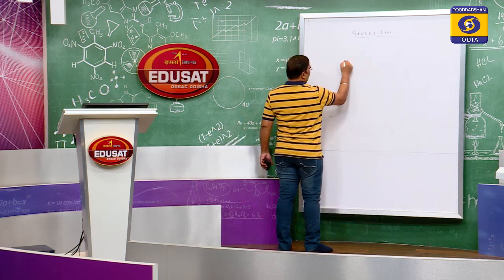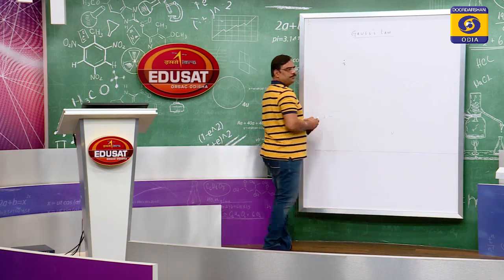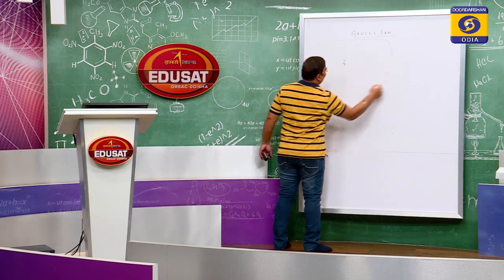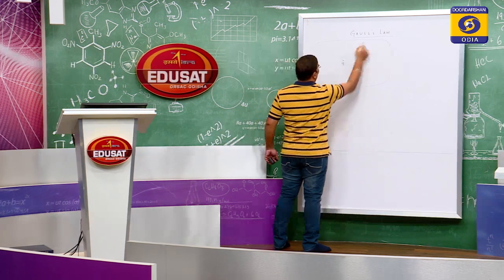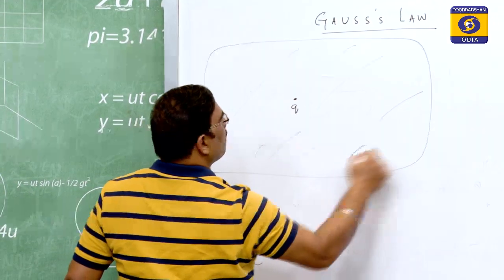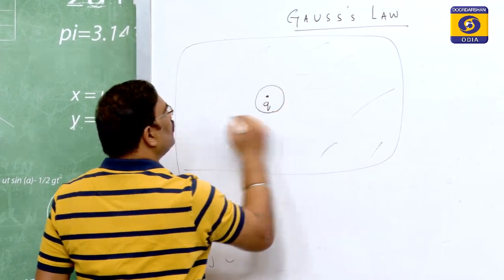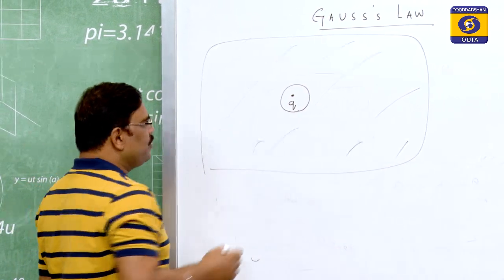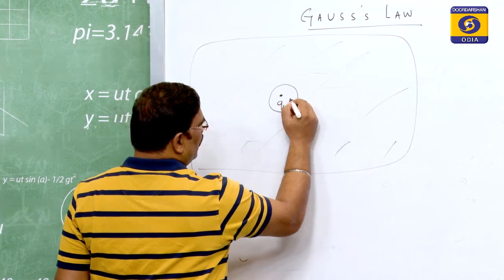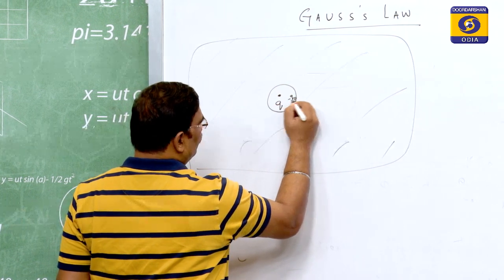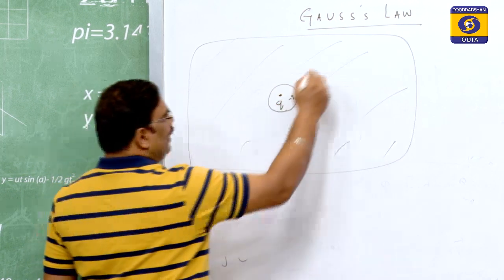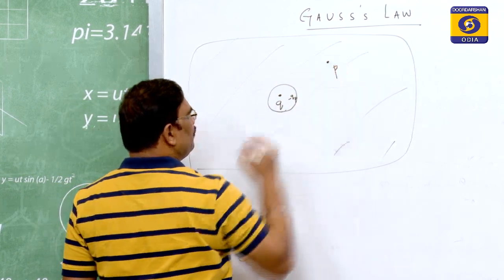Suppose here is a charge Q and I have an infinite dielectric. So, there is a cavity in which a charge Q is placed. So, obviously, this is minus QP, the charge due to polarization. I am considering a point P here.